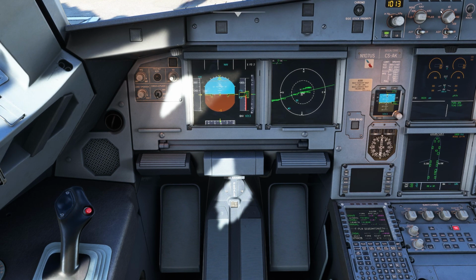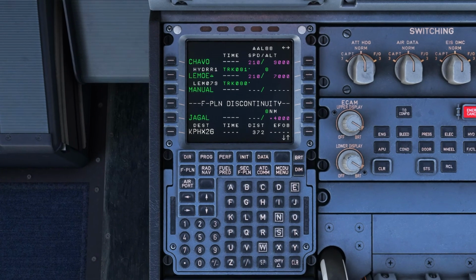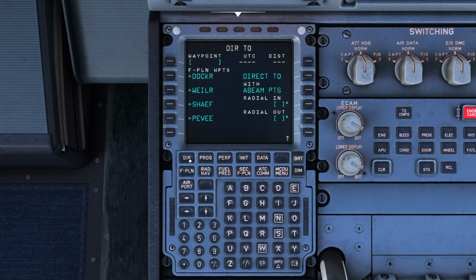Okay, so that pretty much, yeah, so there's the 2 waypoints on the approach. If you wanted, once you pass Limo and you get far enough and you get past Jaggle or Jagal, maybe you want to do a direct, so you would come down here to your MCDU and you would do direct, and then you would put in Todder, T-O-D-R-E, and put that up here.